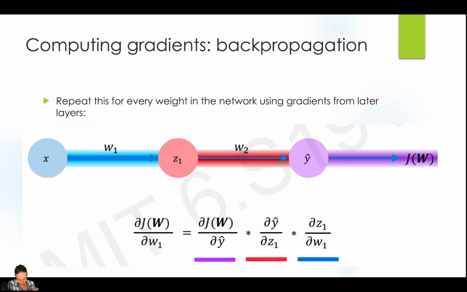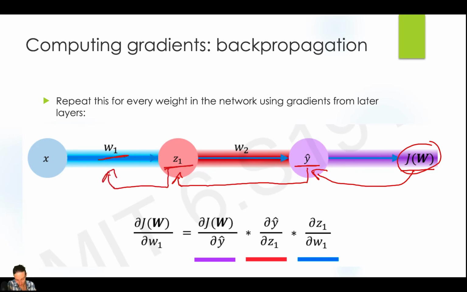So if we're still calculating the change in J(w) given a change in W1, we first, as we said before, calculate the change in J(w) given a change in y hat. Then we multiply that by the change in y hat given a change in Z1. So again, we use this chain rule. And then we calculate the change in Z1 given a change in weight 1. So you get the idea here.